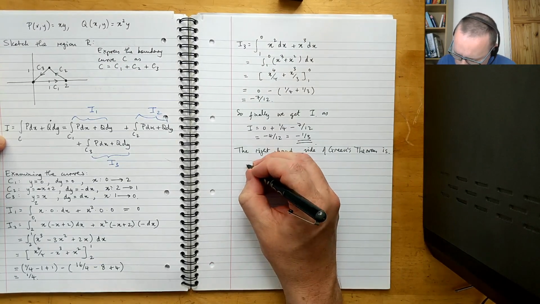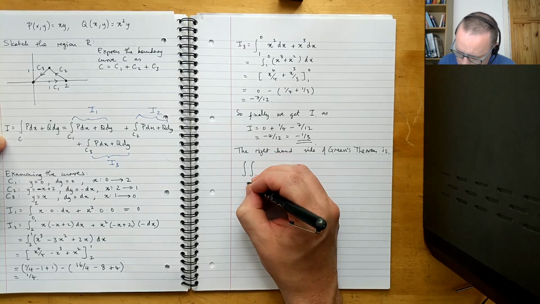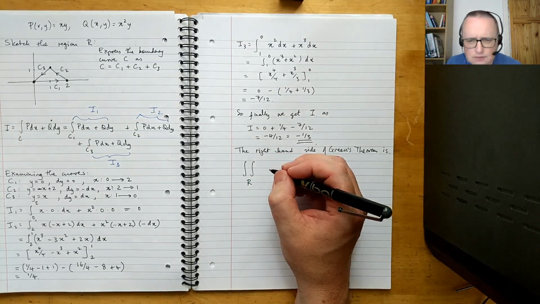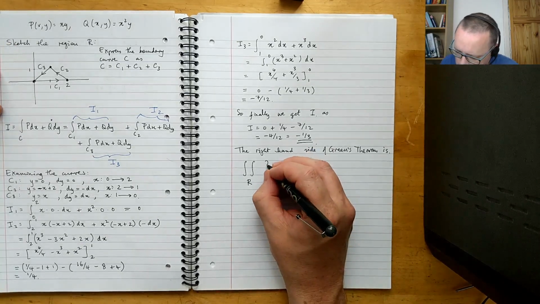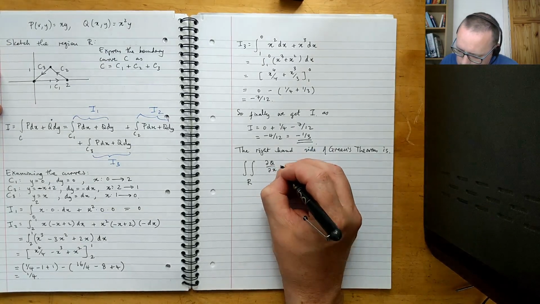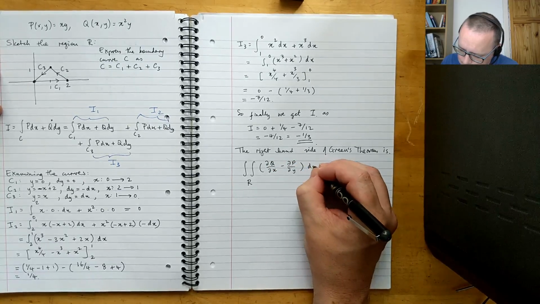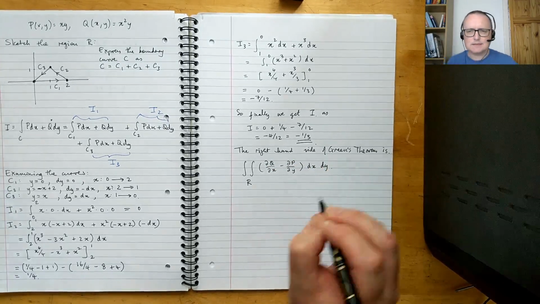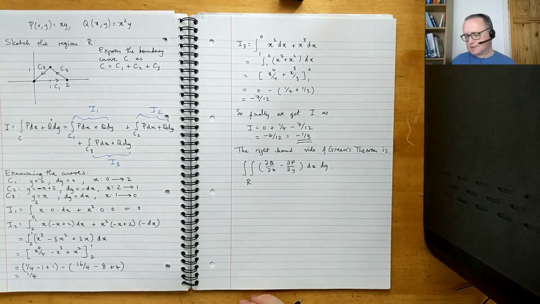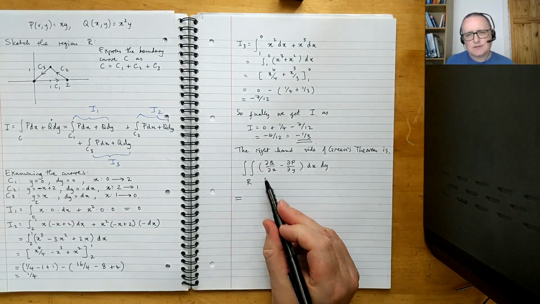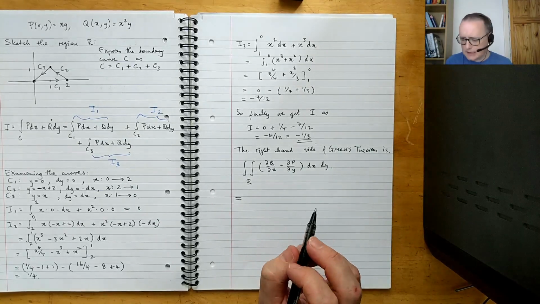is this integral here. So it's this double integral over R of the difference of the partial derivatives, dq dx minus dp dy, and this is dx dy like this. Okay. So how do you start evaluating something like this?